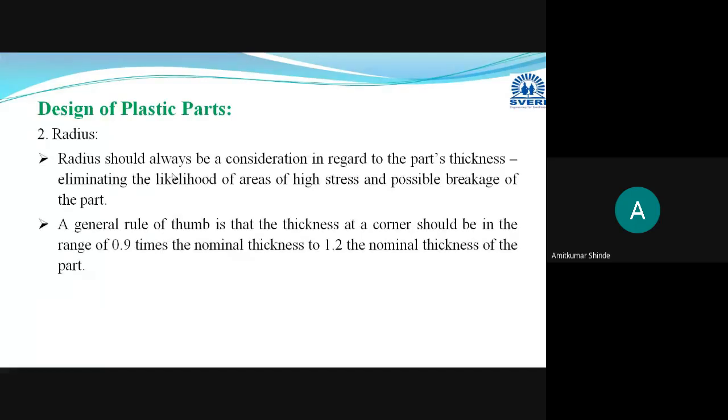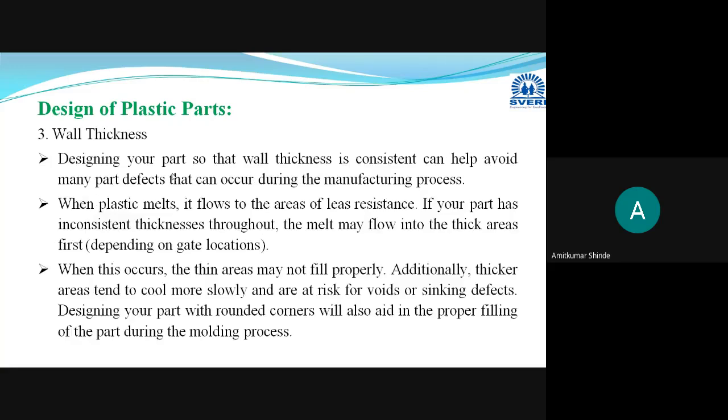Then some factors like radius: how much radius should be provided to avoid high stress points and breakage of the part. Radius should be provided. Minimum wall thickness should be there, and it should be uniform throughout.